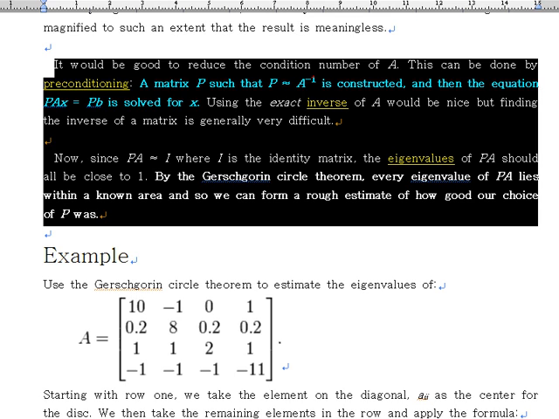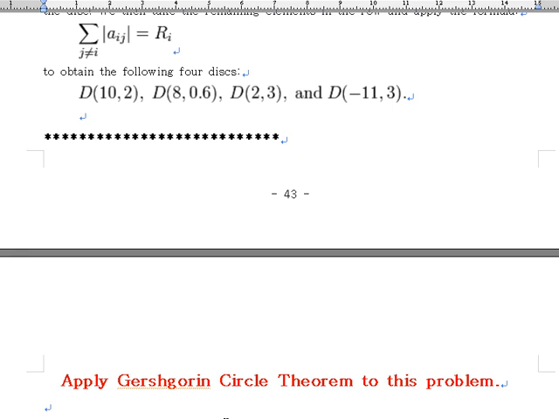Having more zero off-diagonal entries gets us closer and closer to a diagonal matrix or a tri-diagonal matrix. So you can easily find the centers of the disks with small radii, and so you can easily designate the location of the eigenvalues.